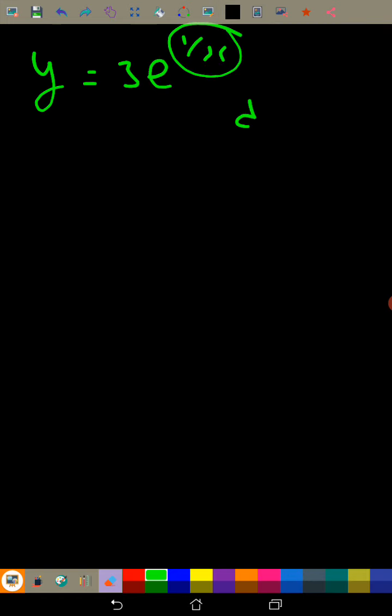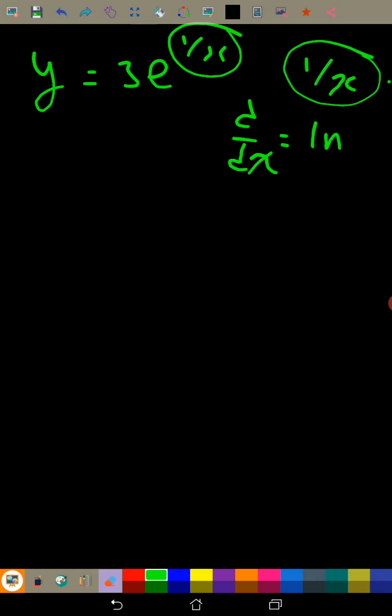And what else? We have y is equal to 3e. So if we differentiate this, this is something you should know. If you have 1/x as an expression, we differentiate it. It's going to be ln x, I guess. Is it not? I think it's ln x.